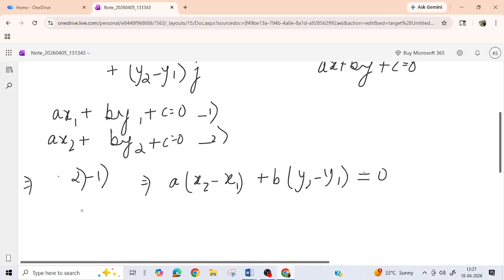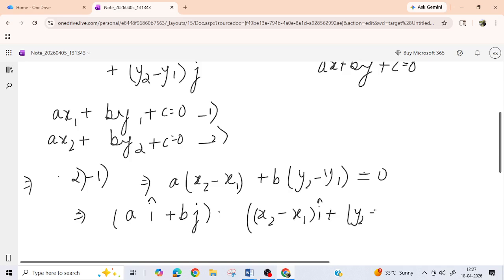Now here is the trick. Now we could also write it as (a i cap plus b j cap) dot ((x2 minus x1) i cap plus (y2 minus y1) j cap).